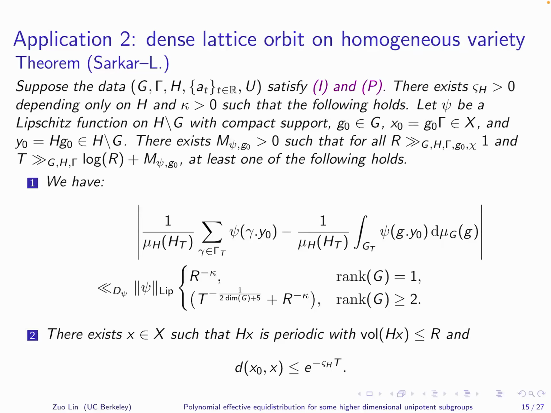But in the setting where gamma is arithmetic, you can actually give a rational structure, or embed G mod H in some linear subspace with rational structure, and really say that your initial point is well approximated by rational vectors.